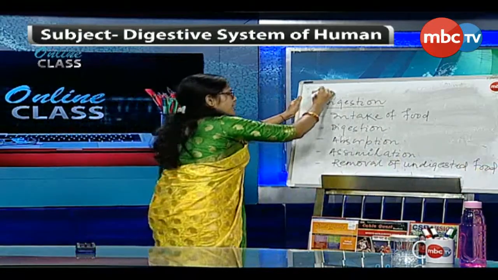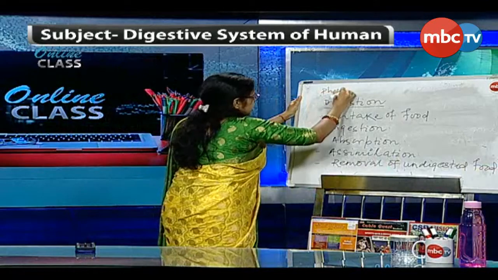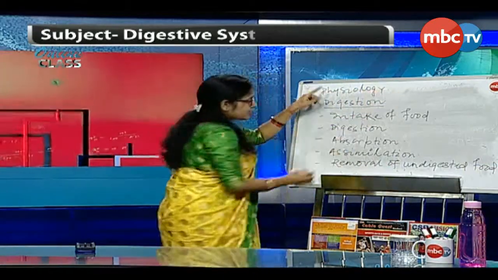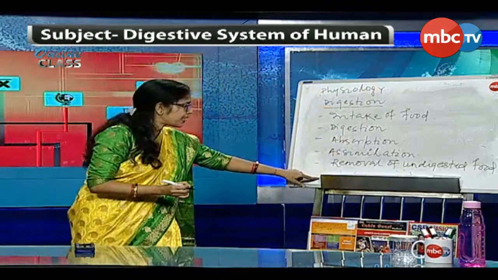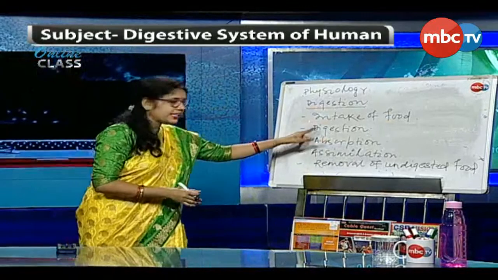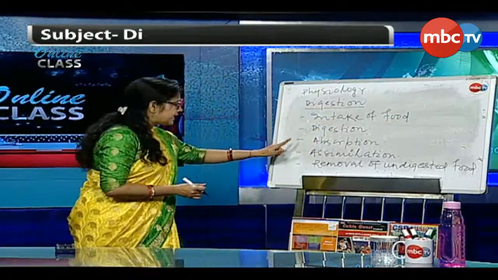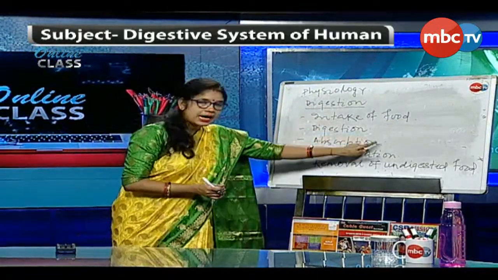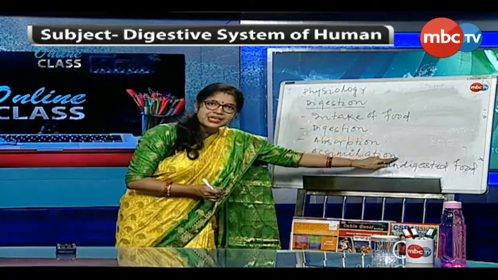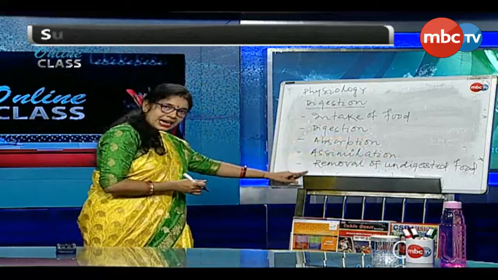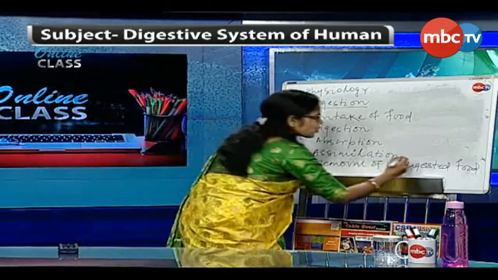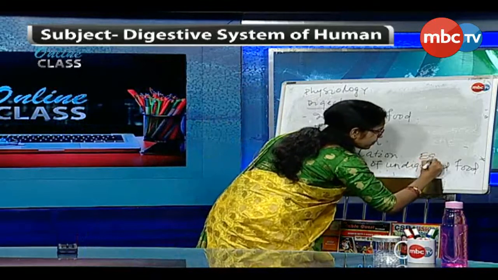So, the physiology of digestion is completed in 5 steps. First one is the intake of food, second one is the digestion of the food material, third one is the absorption of the food material, fourth one is the assimilation of the food material, and the last one is egestion.